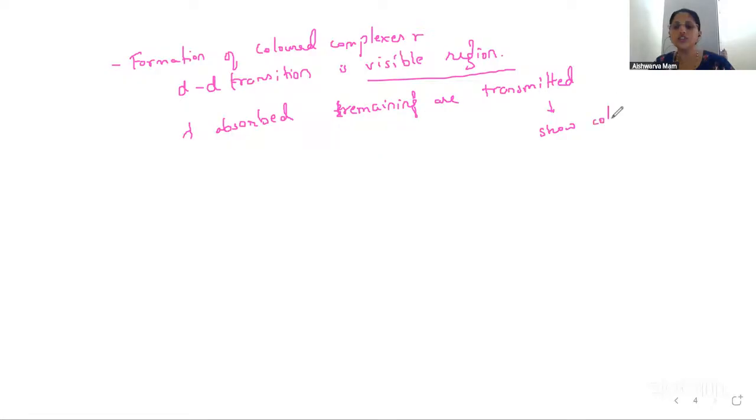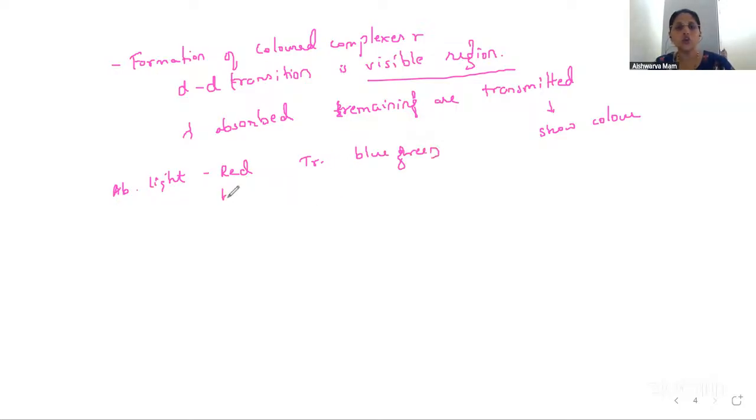Transmitted radiations exhibit color. The transmitted light has color complementary to the absorbed light. That means if the absorbed light is red, then the transmitted light is blue-green.